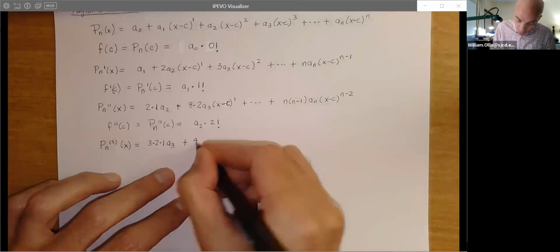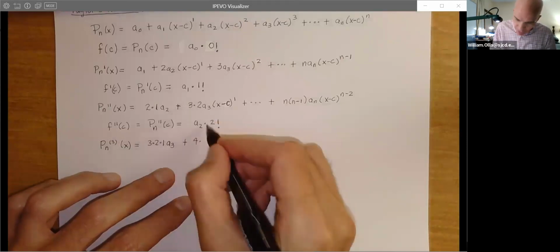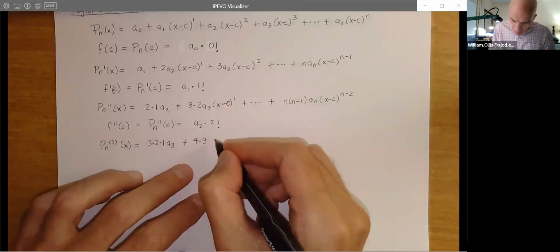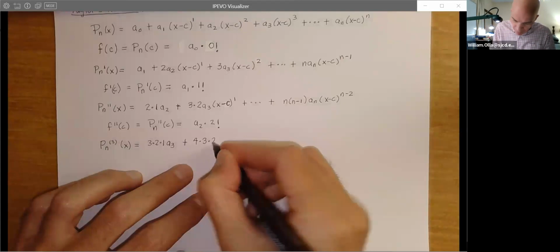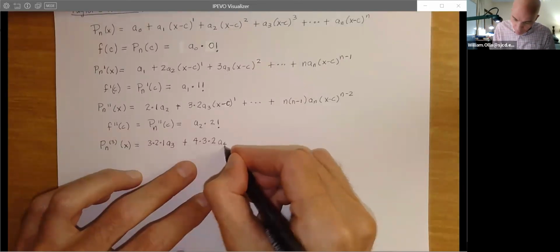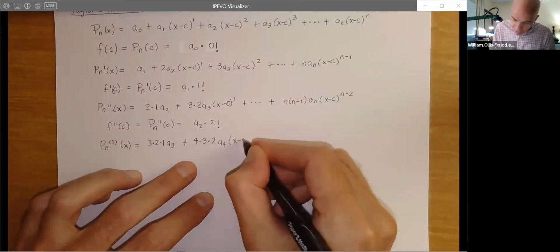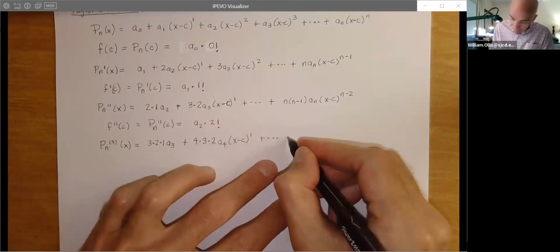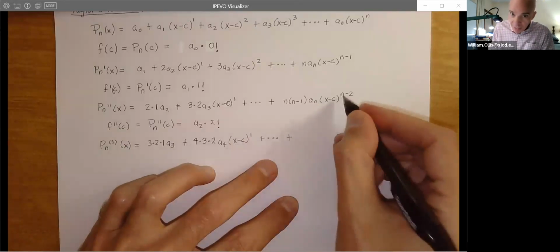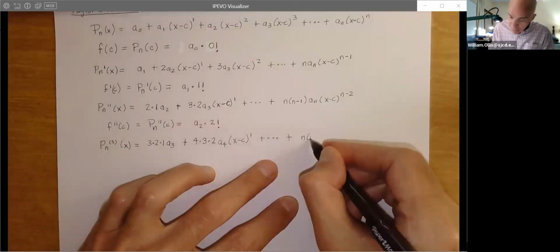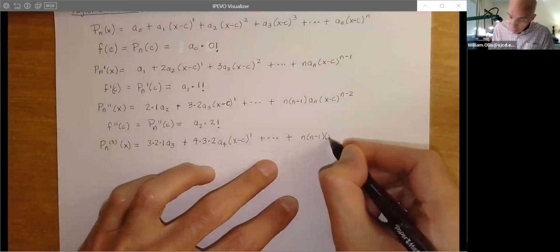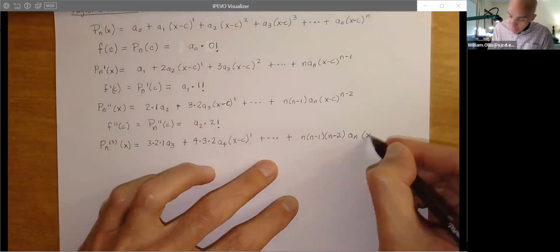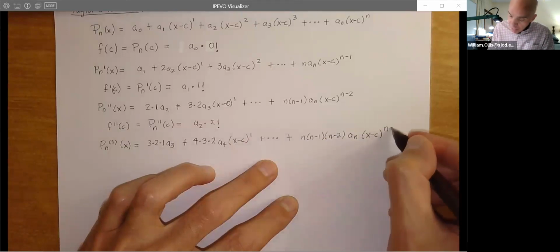In this case, if we mirror this, it's going to be 4 times 3 times 2, and we would have an a sub 4 times x minus c to the first power. And then as we bump on down, again, we'll get the n minus 2. So we have n times n minus 1 times n minus 2 a sub n, and then we have x minus c to the n minus 3.